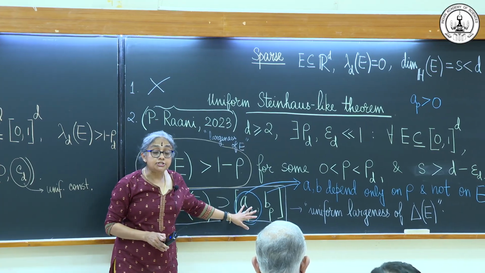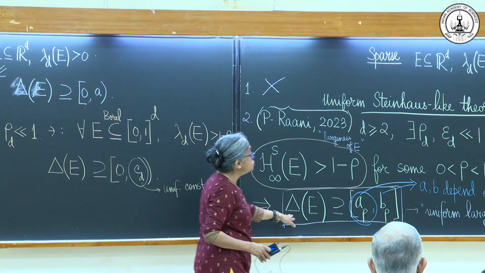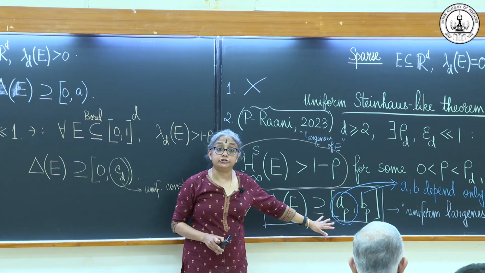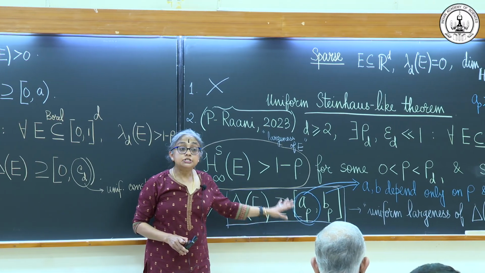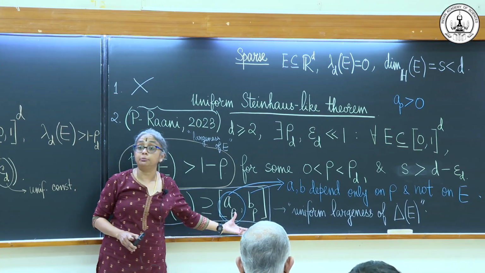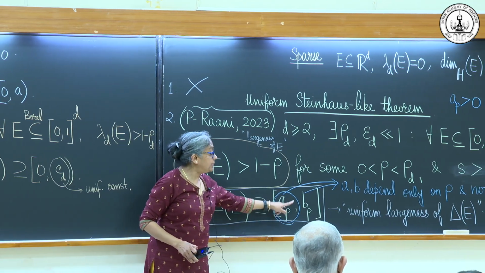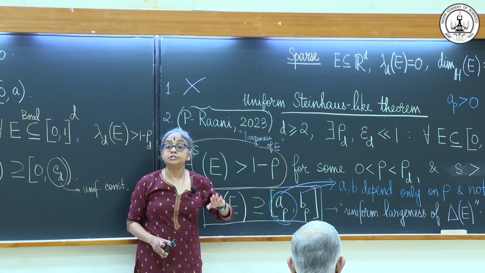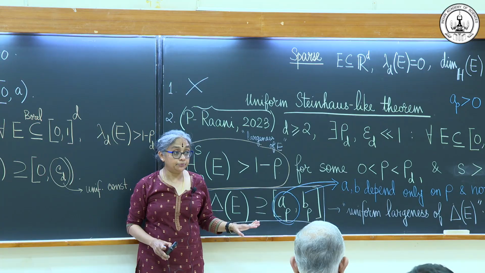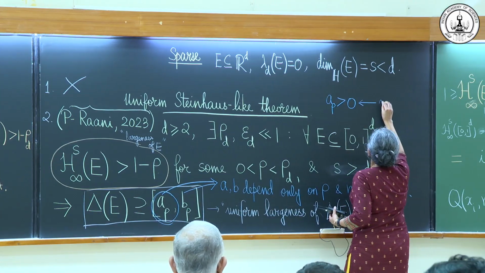There are lots of Lebesgue-null full dimensional sets which do not contain any interval around the origin. So if such a uniform Boardman-like theorem were to be true, this number, the lower bound, has to be away from 0. So A sub rho is positive and this is required.